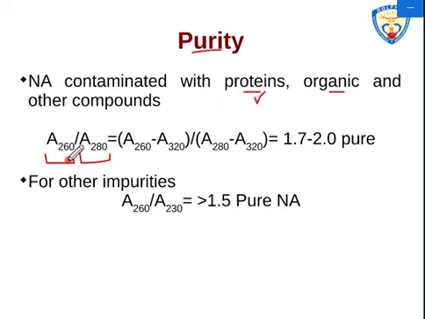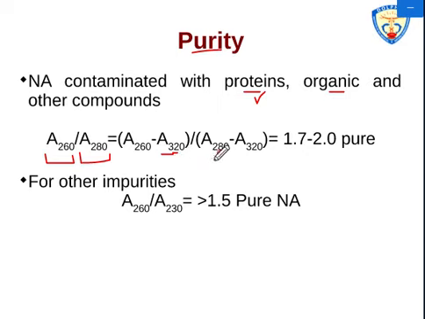Now for the 260 nanometer absorption, again you need to subtract the absorption that you get at 320 nanometers. If your sample is turbid, there might be contamination in the sample. You need to check for the turbidity of your nucleic acid sample, and turbidity can be checked at 320 nanometers. So the final value will be absorption at 260 nanometers minus the absorption at 320 nanometers.